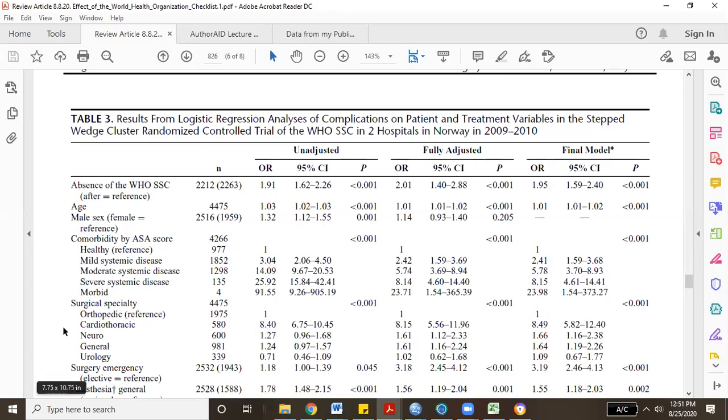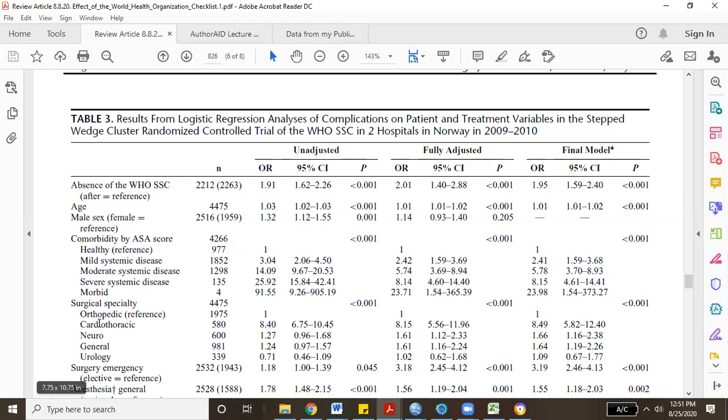You see, patients in cardiothoracic, 8.4. So patients in cardiothoracic are 8.40 times more at odds of experiencing complications. While those in neuro is 1.2, those in general is 1.24. And the evidence is significant. And even after adjusting, it is still significant. All right, and it didn't decrease much, 8.4, 8.15.